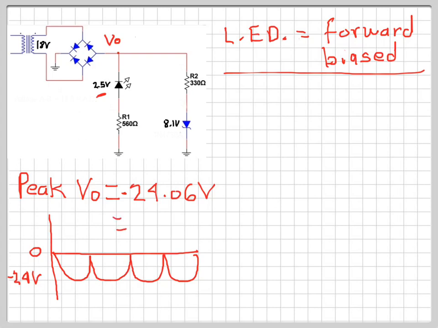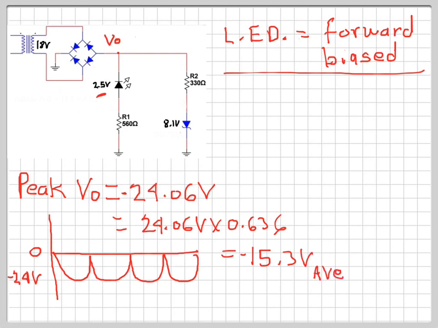That would be 24.06 volts times 0.636 equals 15.3, of course this is minus, volts average. So you're just taking the average value of this.